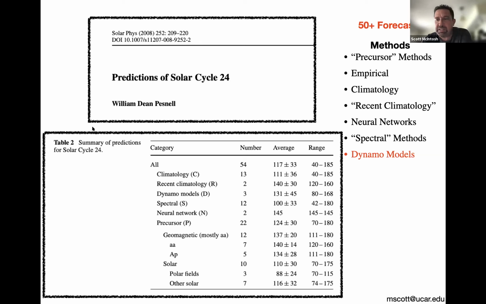If you want to read the paper in detail, it's in your reading materials, but Dean Pesnell put together a kind of compendium of 50 forecasts that were put forth for cycle 24. So it's our same methodologies: the precursor, the empirical numerology, climatology, recent climatology, neural networks, spectral methods, and now these newfangled dynamo models.